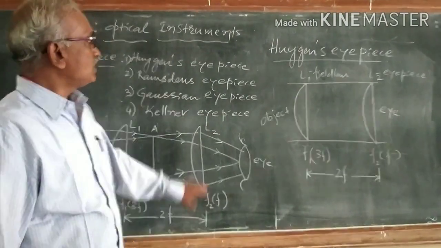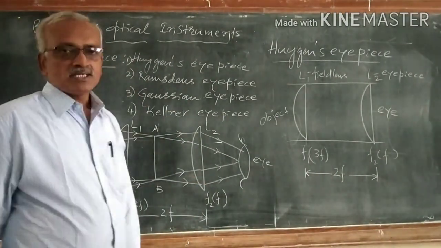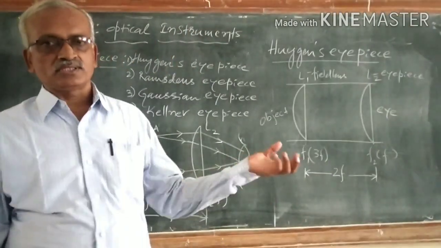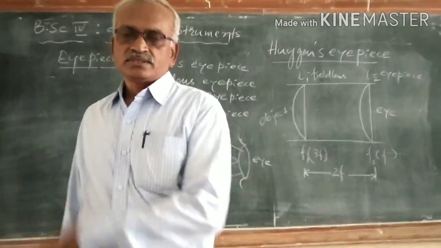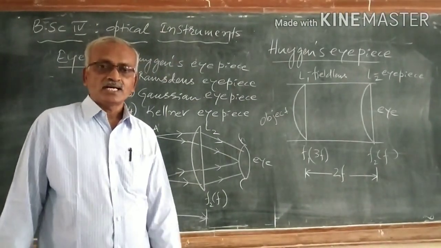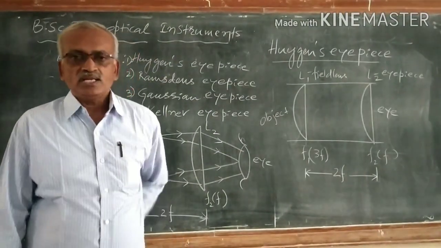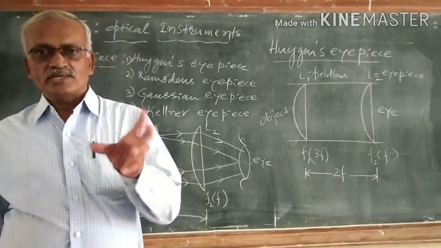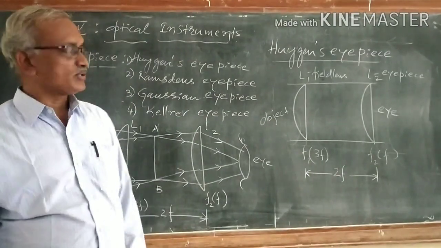After knowing what is meant by an eyepiece, we use different optical instruments for measuring different things in the laboratory. The eye is the natural instrument with which we can view images everywhere we go.